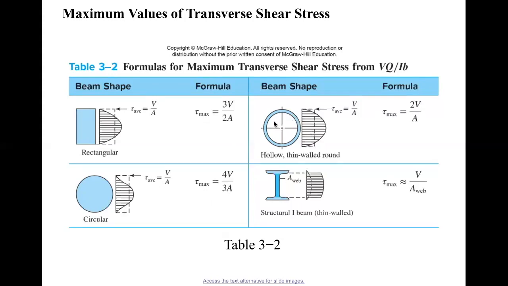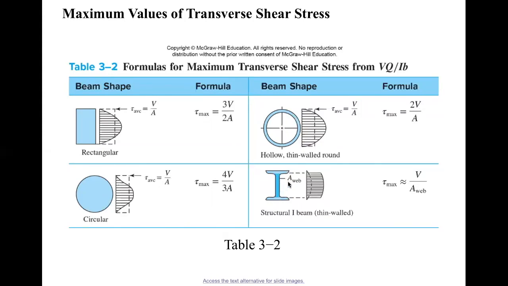And this is a hollow, thin-walled circular one, and you'll find tau maximum is 2V over A. And this is the I-shape, a structural I-beam.